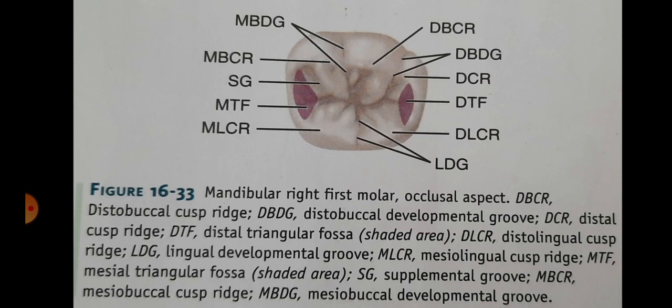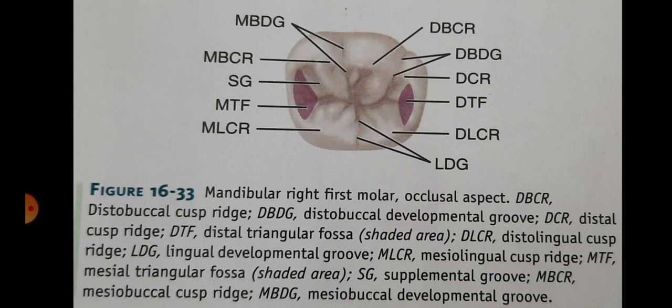Figure 16.33, mandibular right first molar, occlusal aspect. DBCR means distobuccal cusp ridge, and DBDG is distobuccal developmental groove.